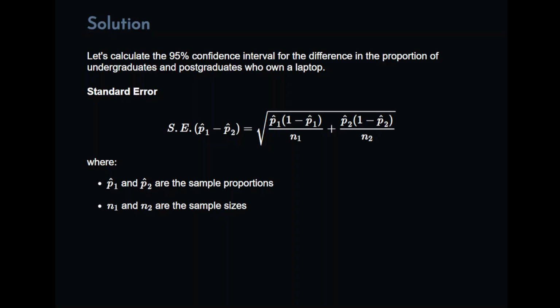Again, that is the sample proportion and sample size from the second sample. Complex enough, you probably will be given this formula at the back of an exam paper because it is the crucial part of the exercise.